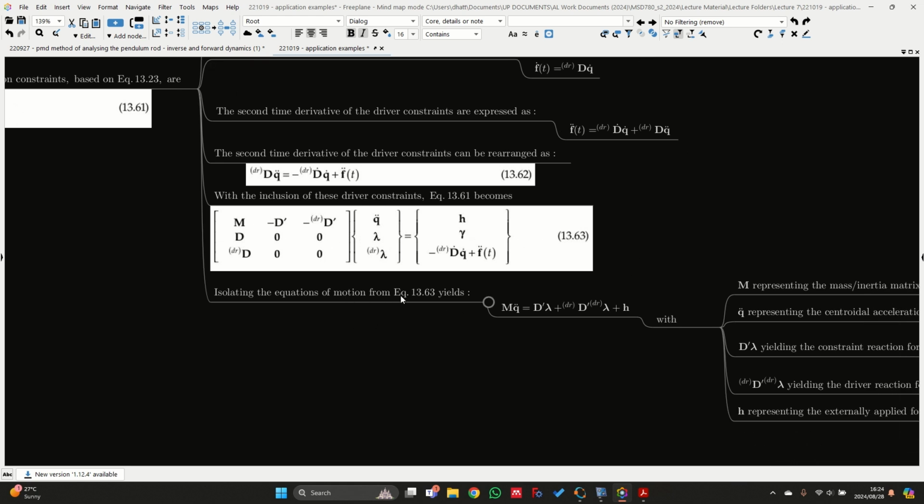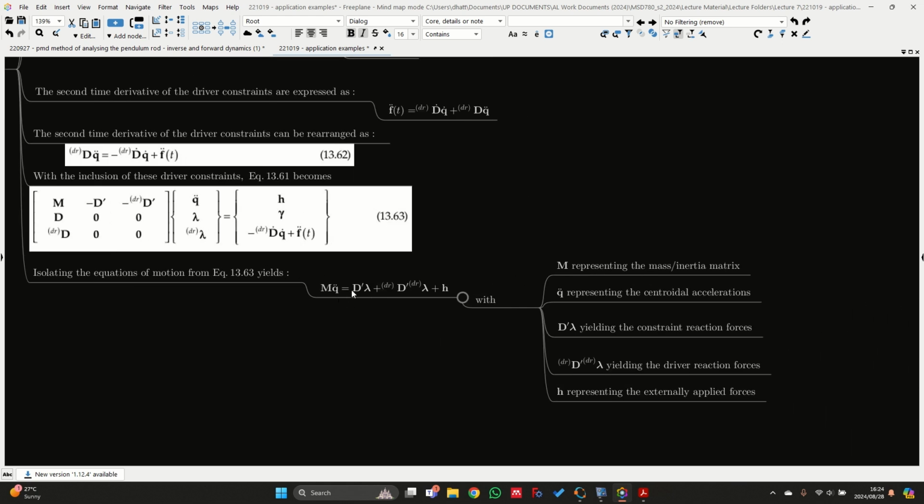Isolating the equations of motion from equation 1363 then yields M q double dot, which is equal to the constraint Jacobian matrix multiplied by lambda, the constraint Lagrange multipliers, plus the driver Jacobian matrix multiplied by the driver Lagrange multipliers, and then any externally applied forces as well.